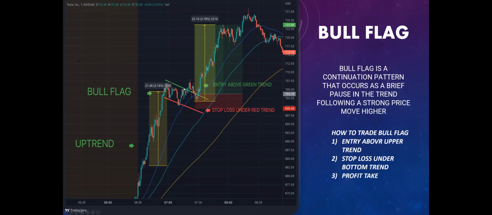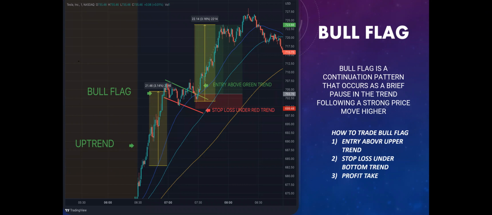Or if I'm watching a bull flag on a bigger time frame, I might take an entry bouncing off the bottom trend. If any of those touches the bottom trend and forms a hammer, I take an entry on the bottom trend with the stop loss below it.